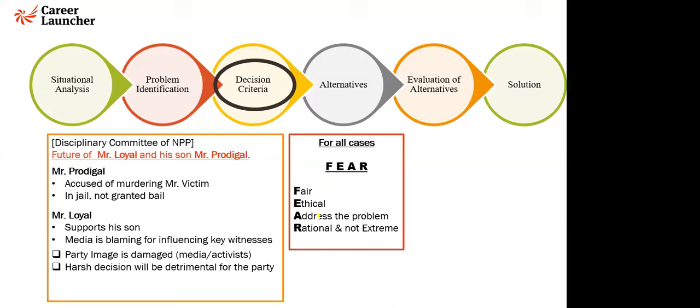So a pickpocket gets a lesser punishment as compared to someone who is doing vandalism. So please remember, you have to be rational, or the punishment should be in proportion to the crime, if I can use that statement. You have to address the issue concerned, and as I said, you have to be fair and ethical. This, in general, is what you need to remember: fairness as a criteria. If nothing is given, this is what I will use.